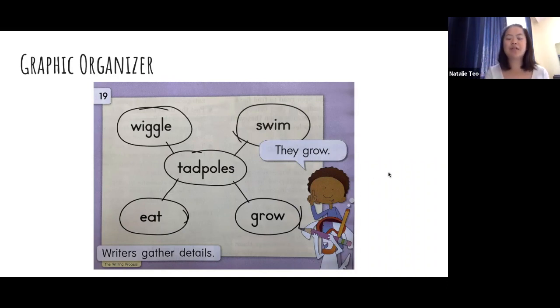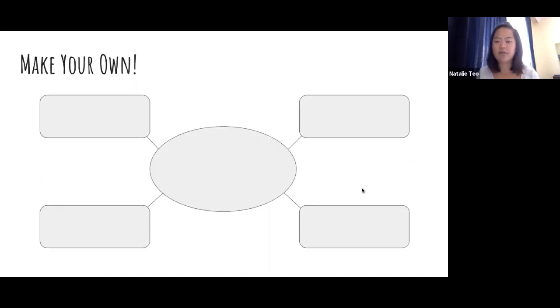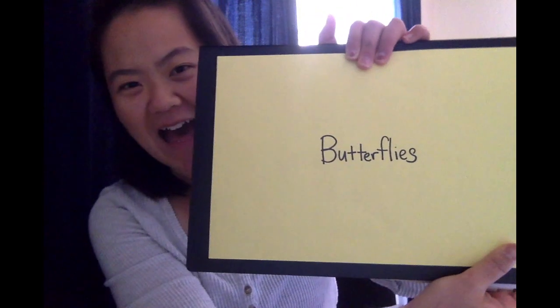Here is an example of a graphic organizer. I'm going to show you how we can make our own graphic organizer. The topic I've chosen to write about is butterflies.